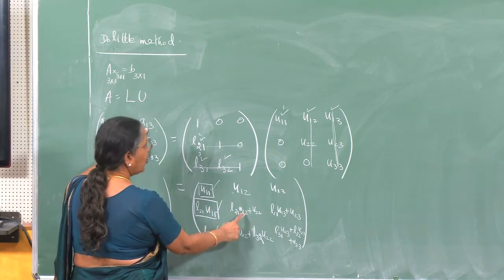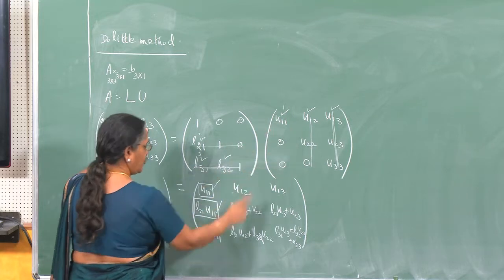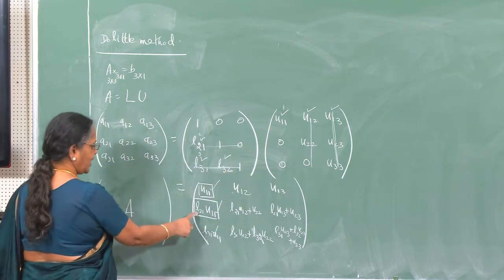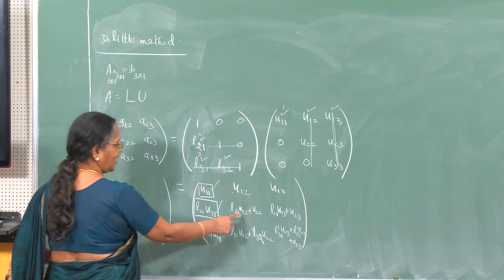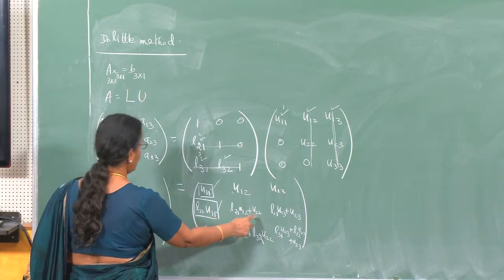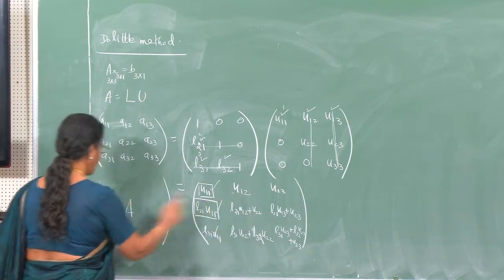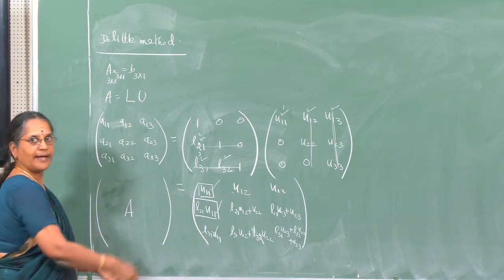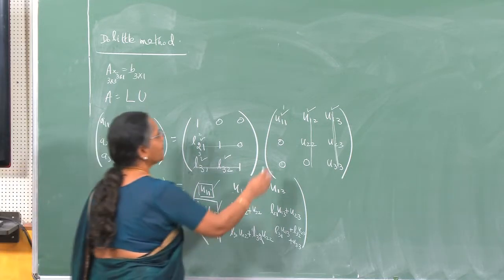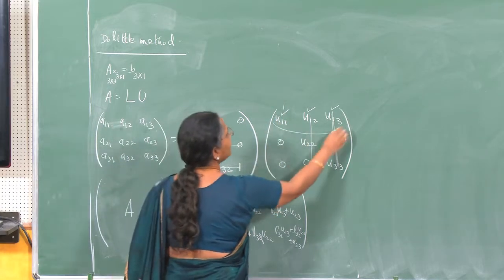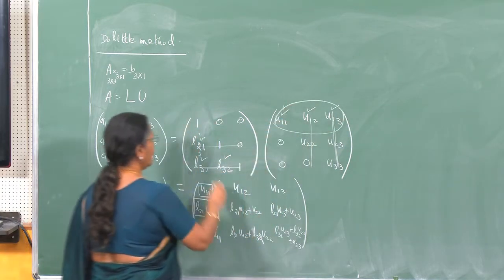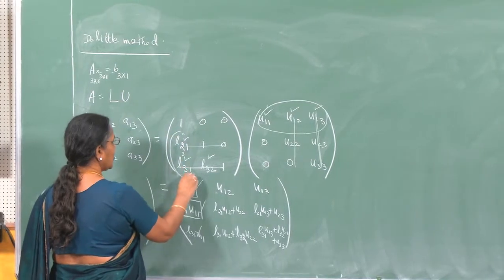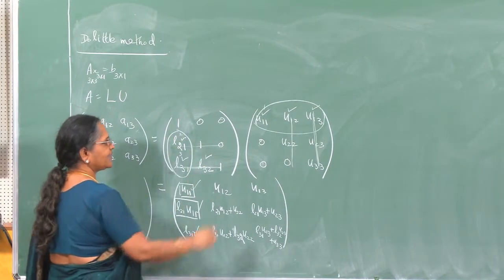You know U12, which you just computed, and L21 is already obtained, and therefore you can compute what U22 is by equating this entry to A22. And continue this way, namely determine the entries in the first row of the upper triangular matrix and the first column of the lower triangular matrix.